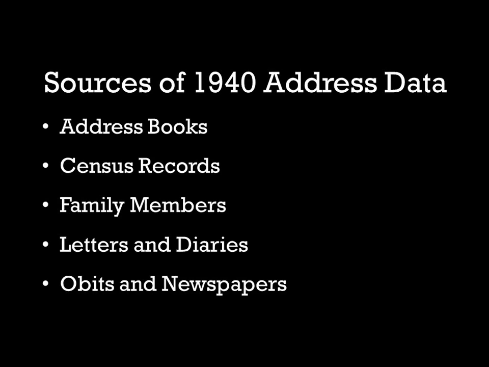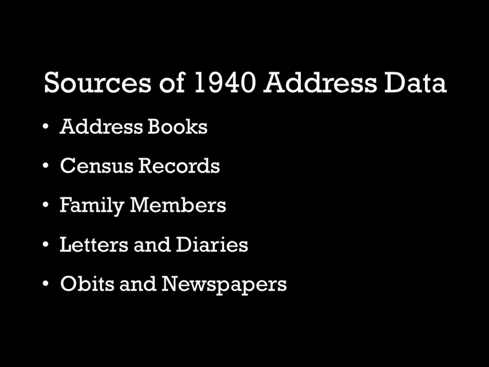You can at least get the town and the county if you can't get an exact address. Obituaries are great. I know that they don't do this anymore, but back then, maybe not in the 1940s, funerals were still held at home. Very often an obituary would say the funeral will start at the home of so-and-so at this address and proceed to the church or proceed to the burial plot.